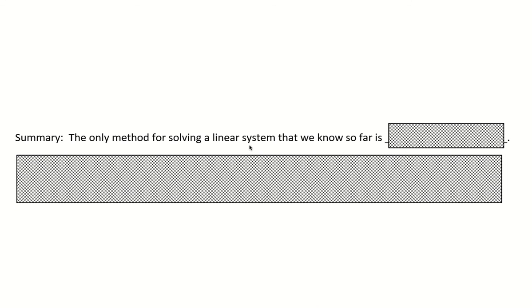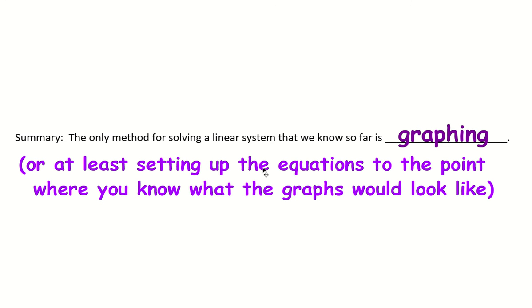And this right here is just a little bit of foreshadowing to next time we're together's lesson. So right now we've covered graphing as a method for solving a linear system, or at least setting up the equations to the point where you know what the graphs would look like.